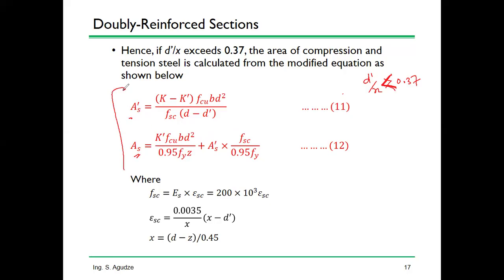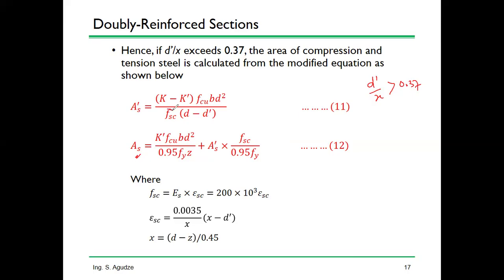The previous formula is used to do the calculation. If your d prime over x is greater than 0.37, then you have to use equations 11 and 12 to do the calculation for the area of compression steel and area of tension steel instead of the previous one, okay?